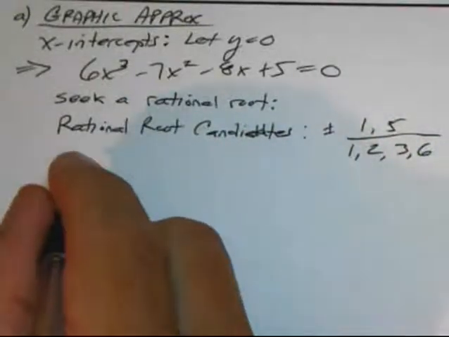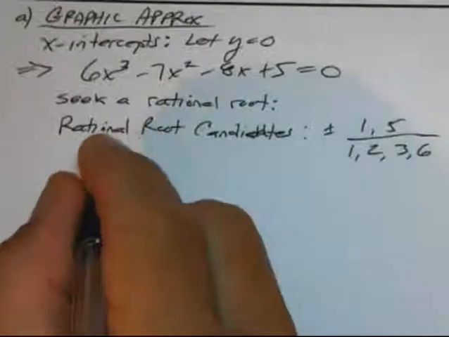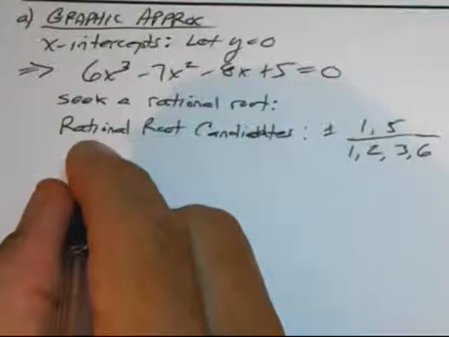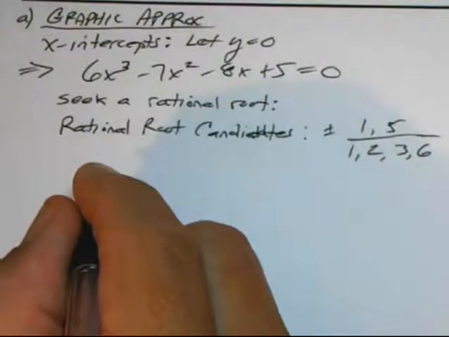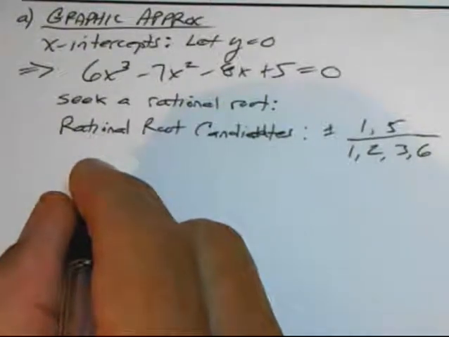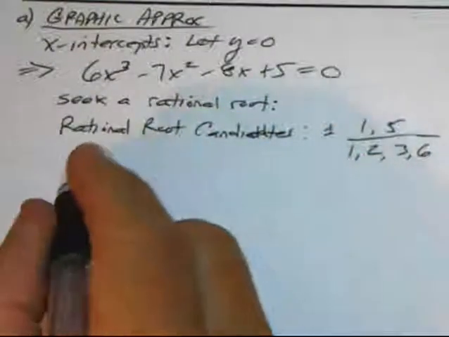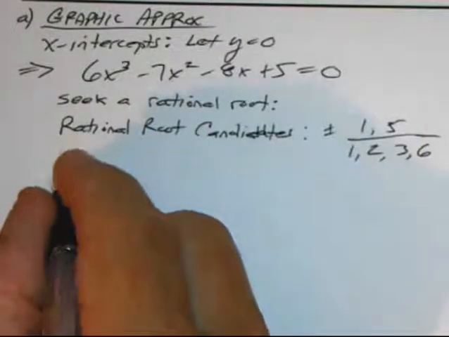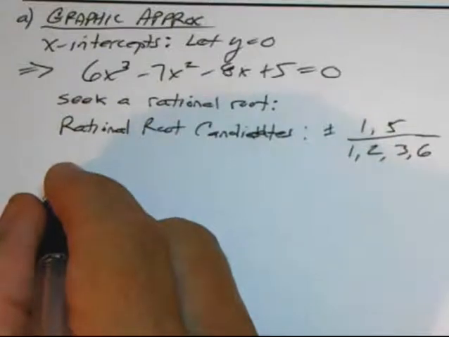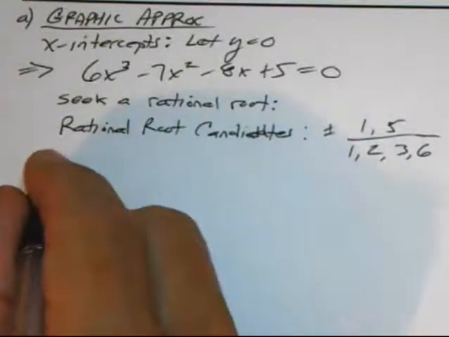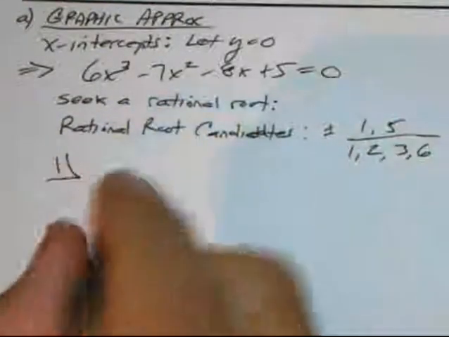Okay, well, let's just start with maybe the simplest guess of all, maybe 1. Try 1 out. Now, since I'm also very much interested in having the quotient upon dividing by x minus the rational number, I'm going to use synthetic substitution, or synthetic division, as we might describe it here, to do all the computations. So 1 in the box.